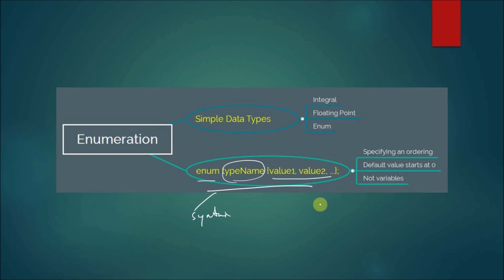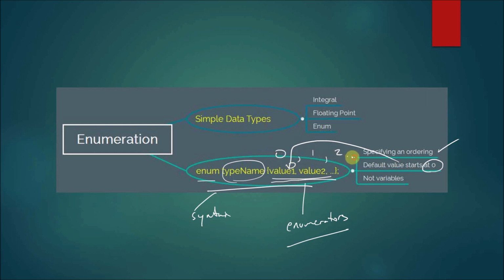And then we have value 1, value 2, which are the identifiers, known as enumerators. When listed in this format, we're specifying a particular order, where the very first value defaults to 0, and then 1, and then 2, and so forth.